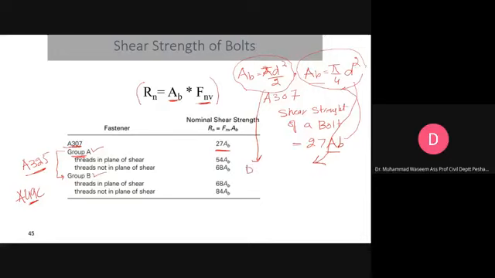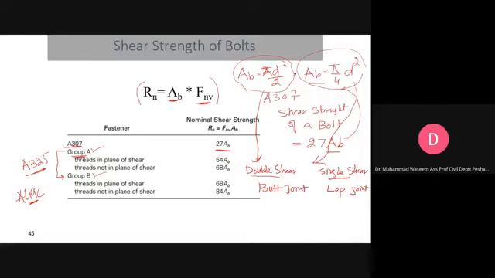This is double shear. This is single shear. What comes in single shear? Lap joint. Okay, lap joint, butt joint.